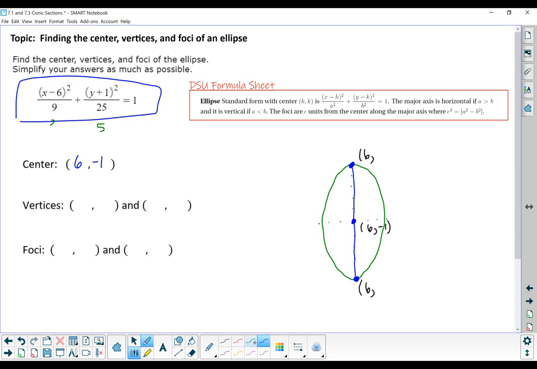We need to figure out their y coordinate. Well, we got here by counting 5 down. So that's going to be at (6, -6), because it started at -1. And then we got to this point by counting 5 up. So 5 above -1 is 4. So we have now found our 2 vertices.